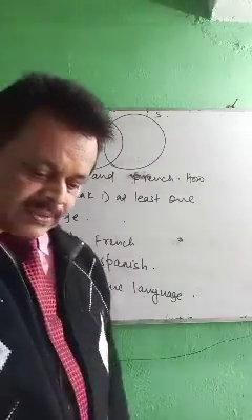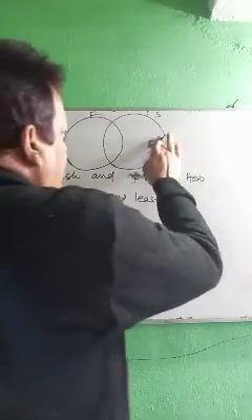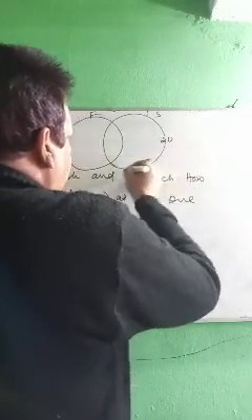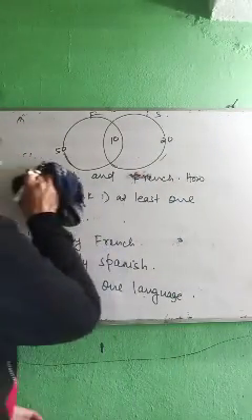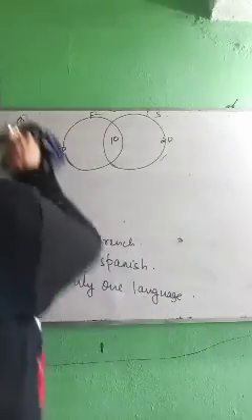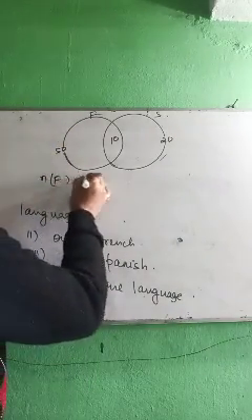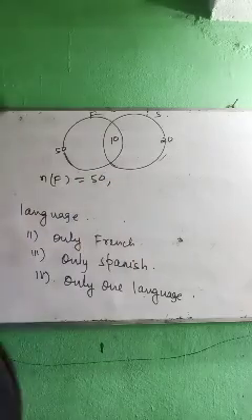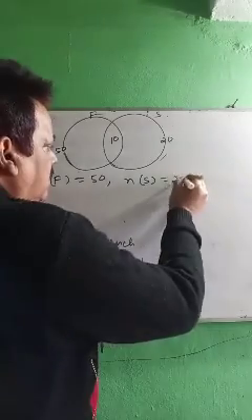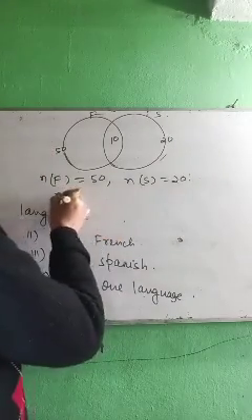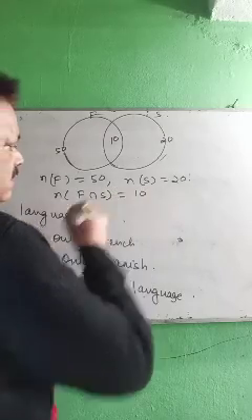Then you find 20 is this one. 20 means this total is 20. 10 speak both. Okay, look at here. Number of F equals 50. Number of S equals 20. Number of F intersection S equals 10.